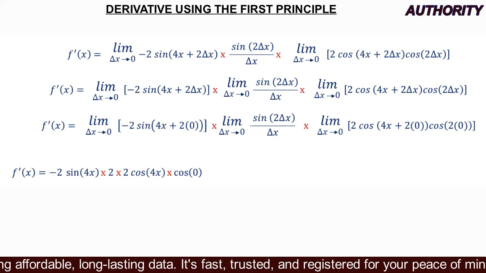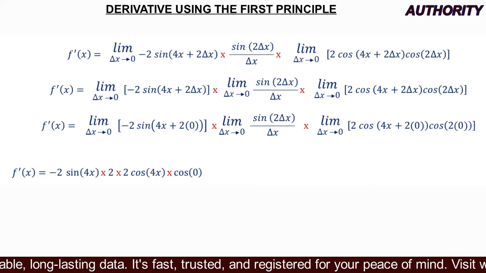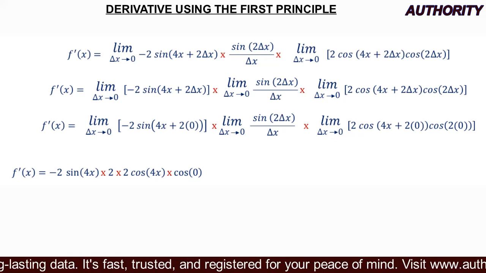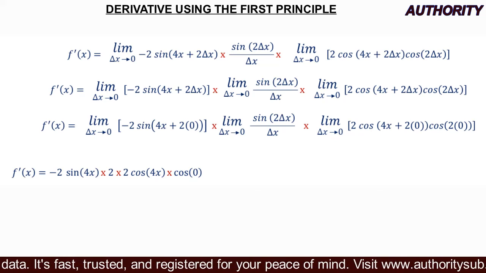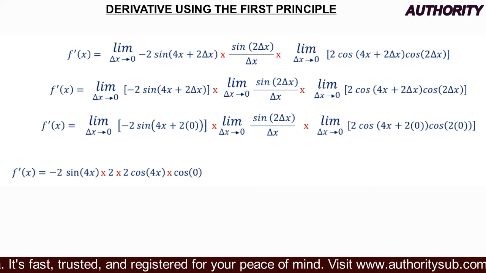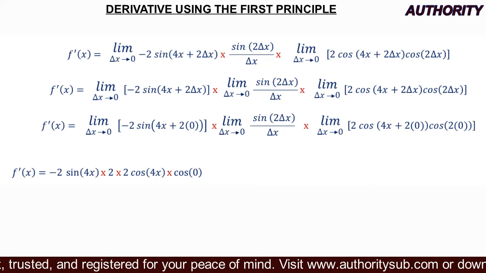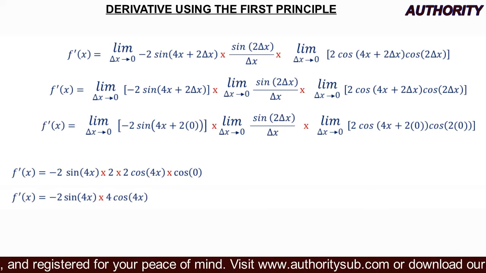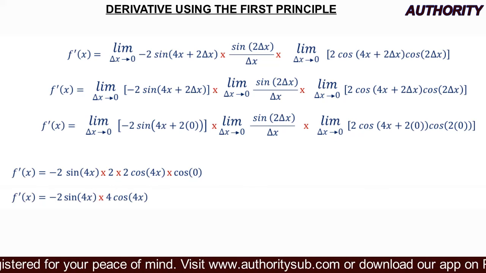So here we have cos 0. So after evaluating the limit, we have f prime of x is equal to minus 2 sin 4x multiplied by 2 multiplied by 2 cos 4x multiplied by cos 0. Now cos 0 is going to give you 1.